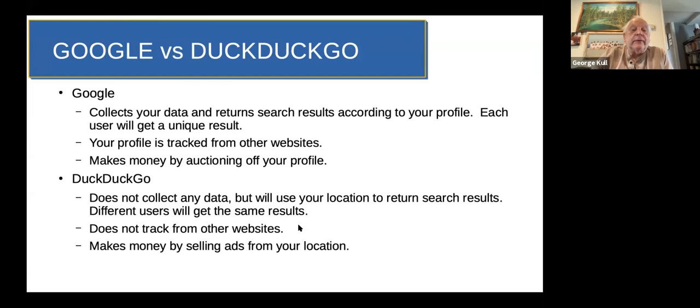Because it doesn't track you, all the users will get the same result. In other words, if I typed in car in DuckDuckGo, or if Paul typed it in, we'd see the same result since we're in the general location. And the way they do make their money is by selling the ads for the location, and that's why they'll put 1 or 2 ads in the front of your search results for you to see.